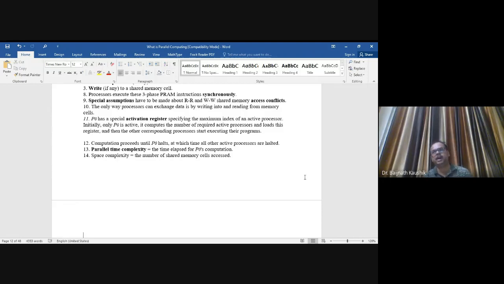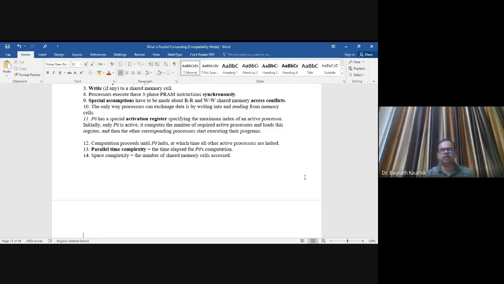P0 initially starts and loads the required number of processors, and all processors, P0 and all others, perform the computation, and then all processors halt, and finally the P0 processor halts. So what is the time taken by the P0 processor to perform the computation? The total time is known as the parallel time complexity of that algorithm. That we will see.